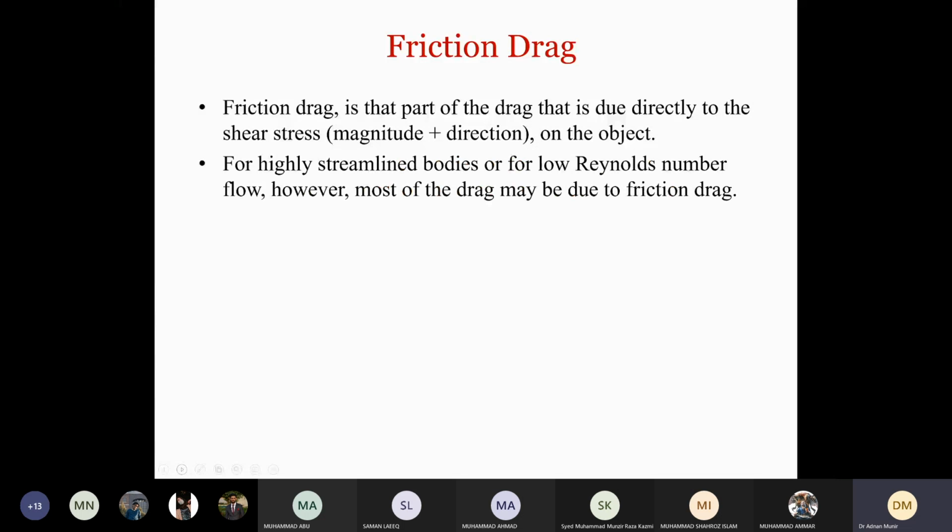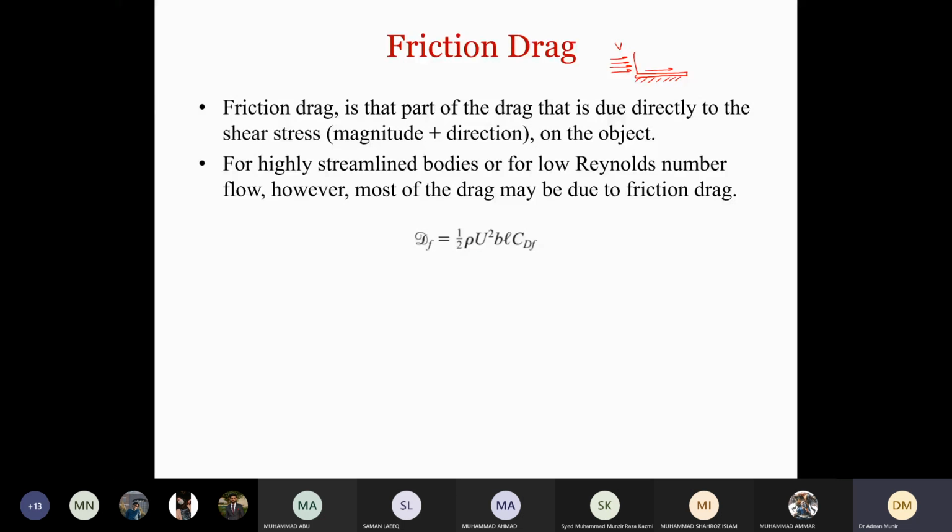For highly streamlined bodies, one example of which is a flat plate lying parallel to the incoming flow, or for low Reynolds number flow, most of the drag may be due to friction drag. That makes sense. And then in that case, this drag force is given by half rho U square BL CDF.